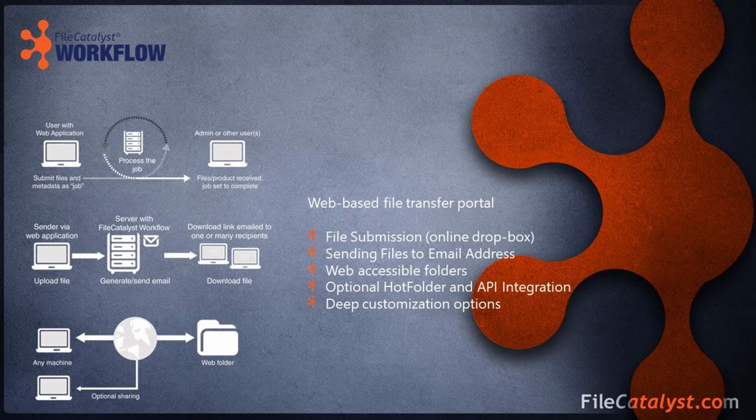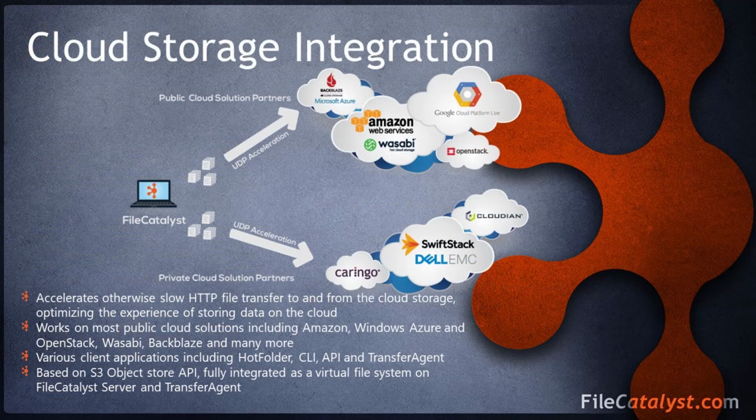So this is more of a web portal with automation. I will not be doing a demo of this today, but I'm sure there are other webinars. If you go to our website, you can download a webinar for a workflow if you're interested in this piece.